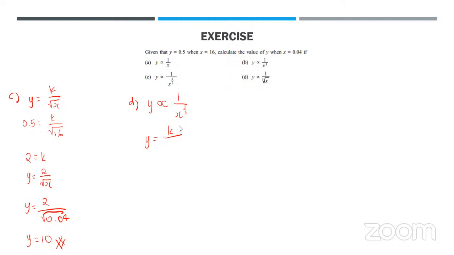Now just insert the values. 0.5 is equal to k over... Oh, sorry, no. Not 0.04, sorry. It's 16 to the power 1/3. Okay.